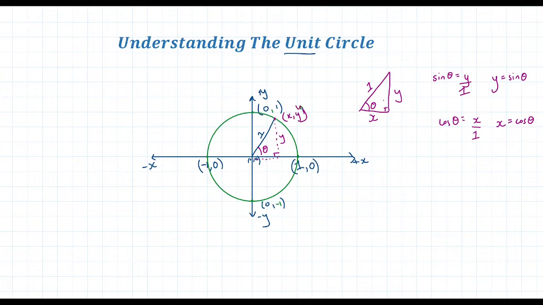So this y value here we can find by just doing sine of the angle between the x-axis and our line. And the x value can be given by doing cos theta. Another thing to note is this angle here is 90 degrees. So this line is 90 degrees.